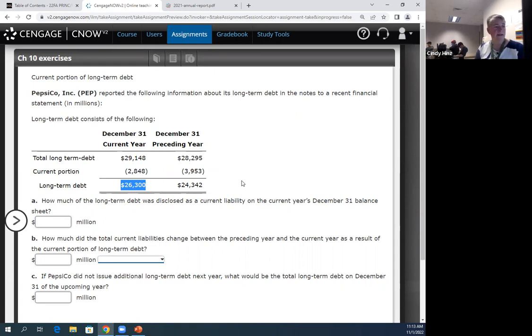So letter A asks, how much of the long-term debt was disclosed as a current liability on the current year balance sheet? So on the current year, how much is disclosed as a current liability, which is our focus for this chapter? What number?